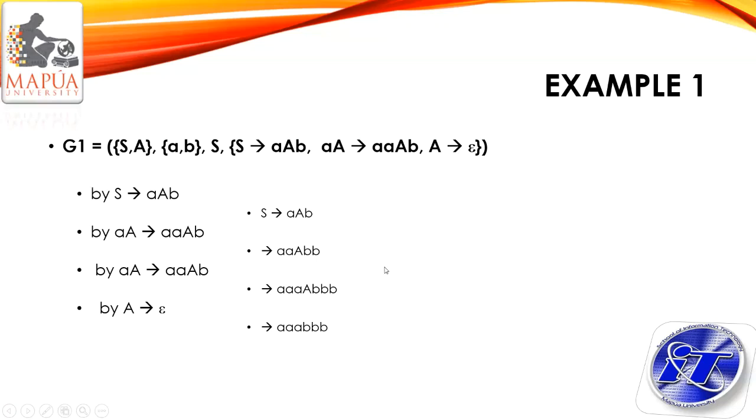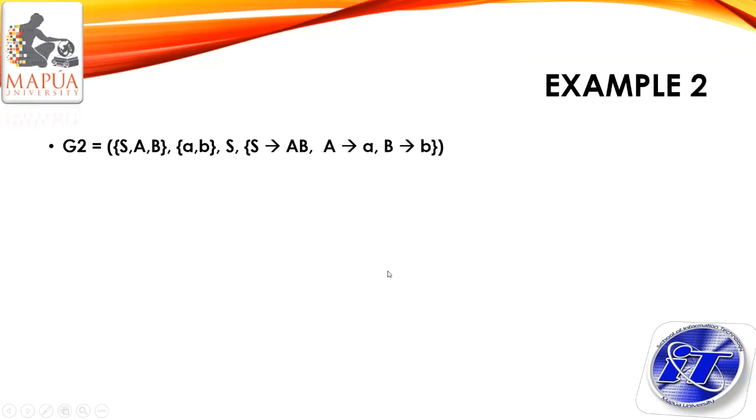Now let's move on with the second example. We have this four tuple. Again, S, A, B are the non-terminal symbols, small a and b the terminal symbols, capital S the start symbol, and then the production rules that define the acceptable strings.